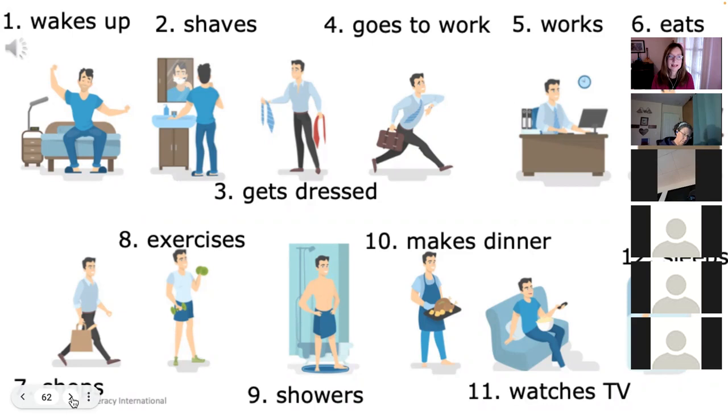We can ask them to make sentences about this man. For example, I can ask, for number one, what is the first thing that the man does in the morning? Who can tell me? Pastor Akufu? One more time?